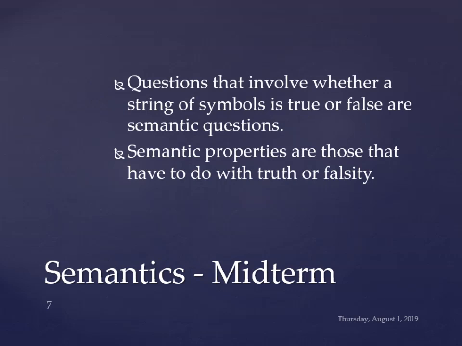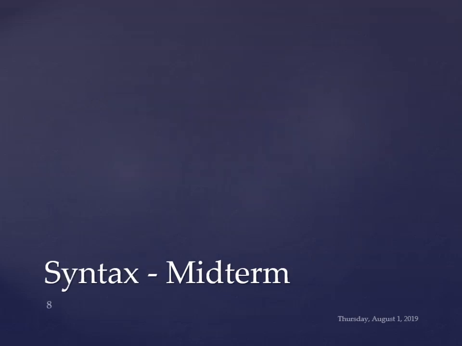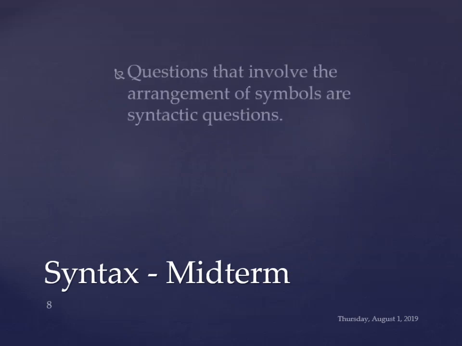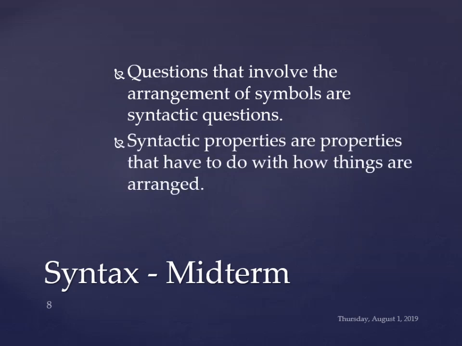So if we're talking about some property, some description of a property, and it gets into truth conditions, what makes it true, what makes it false, that has to do with semantics. By contrast, syntactic questions are those that involve the arrangement of symbols, and syntactic properties are those that have to do with how things are arranged.